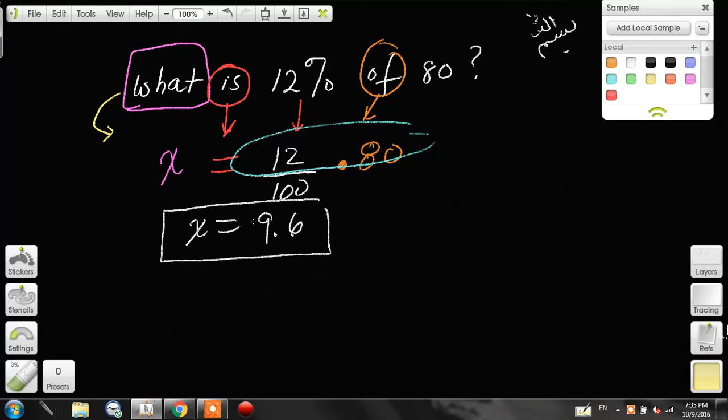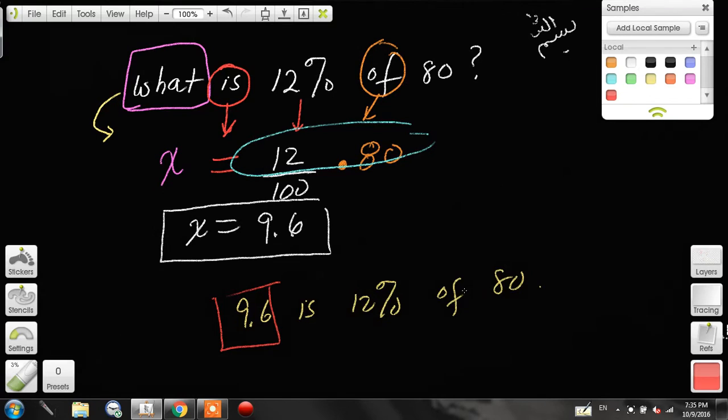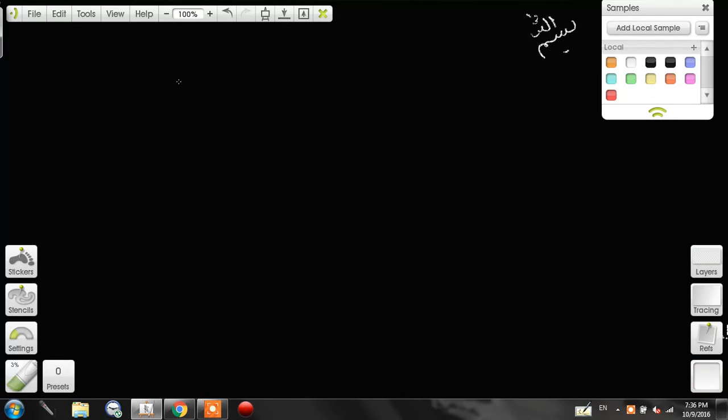Now we can say 9.6 is 12% of 80. So when solving percentage questions, you translate them into equations. Here's another one.